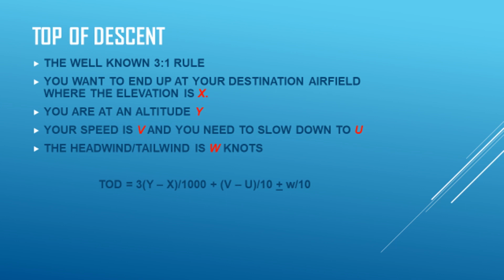If it's a headwind, you will have to delay your descent, so you go further. If it's a tailwind, because you are being pushed, you'll have to start your descent earlier. Which means that if it's a headwind, you will subtract, and if it's a tailwind, you will add to what you get on the first two entries.